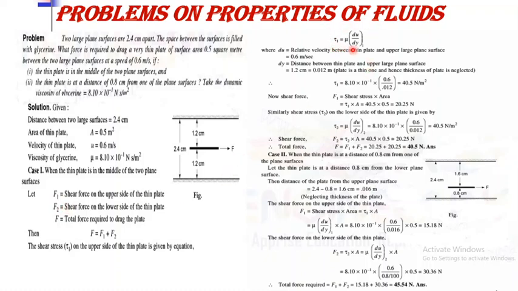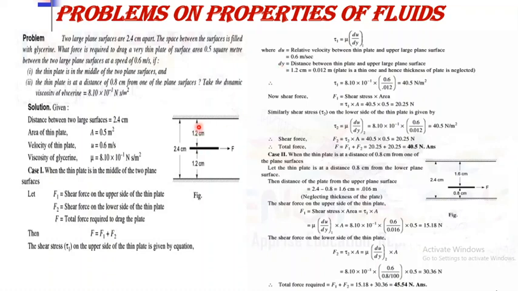So for the top force we represent it by tau 1 equals mu into du by dy, suffix 1. Here du is nothing but the change in velocity. Initial velocity is 0 and the final velocity of the plate is 0.6 meter per second, so the change in velocity is equal to 0.6 meter per second, and dy is nothing but the distance.